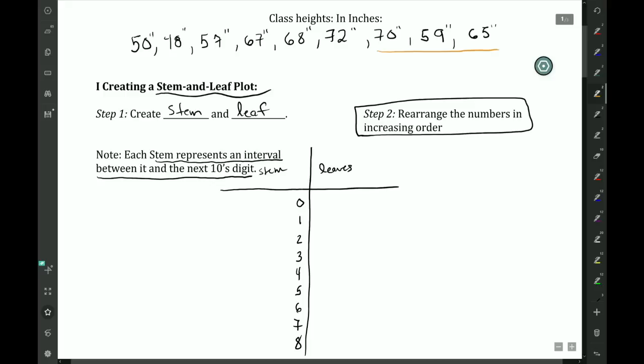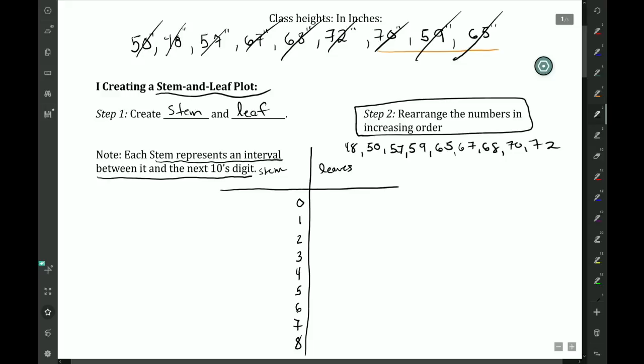So just rewriting them in order would be 48, 50, 57, 59, 65, 67, 68, 70, and 72. So all in order, just like when you're finding the mean, median, and mode.